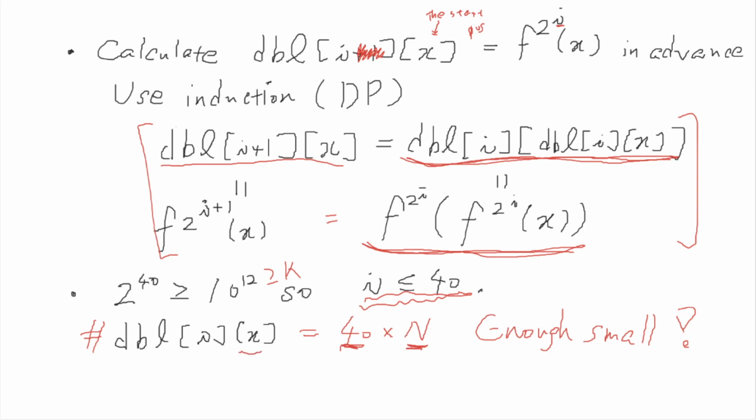Remember that x is the start position of the box, so the position has n ways at most. So 40 times n is small enough to deal with.